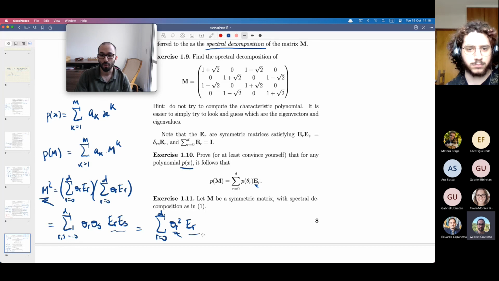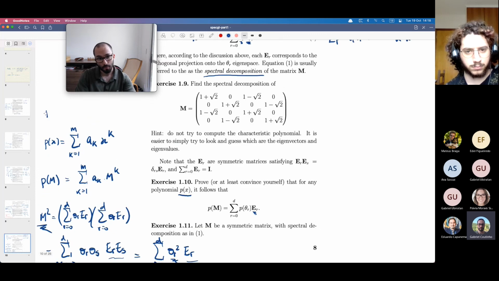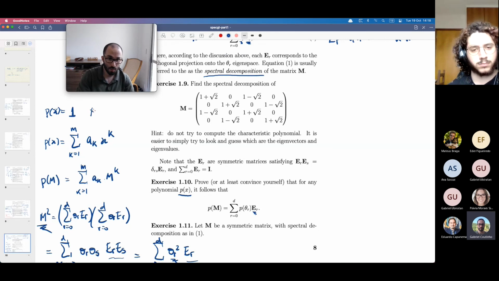It's not difficult now to believe that this will happen for any power. This is a linear thing, so multiplying by constants, you can simply move things out. So any polynomial applied to M works too, and that includes the constant polynomial. If the polynomial is the one that maps px to 1, I am assuming that this means that P of M goes to the identity matrix.